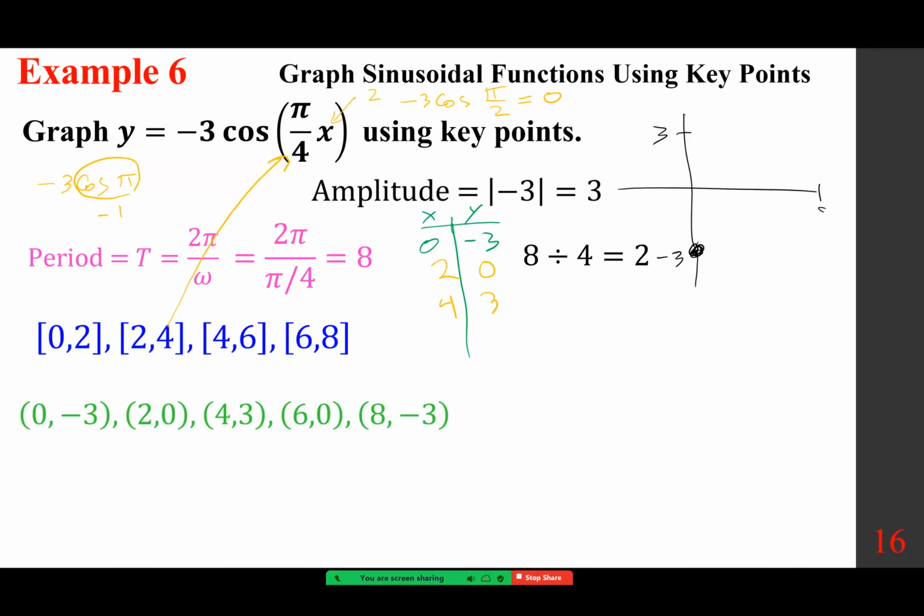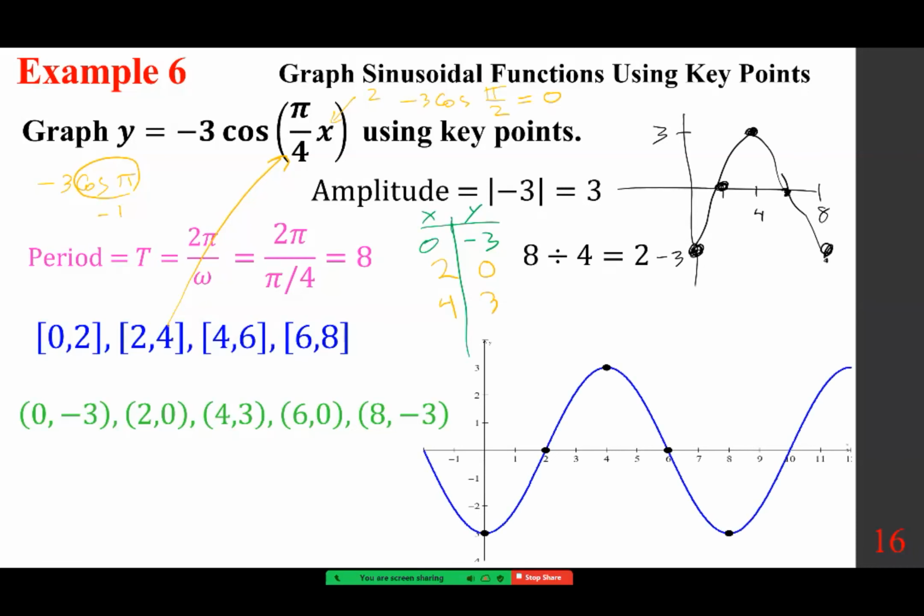Let's say this is 8, this is 4, this is 2, this is the next point, 2, 0, and then 4, 3, and then 6, 0, and then 8, negative 3. Again, this is not to scale, but that's 1, and that's a complete cycle. So you have a 1, and then you continue indefinitely 1 cycle, and then you have infinity.